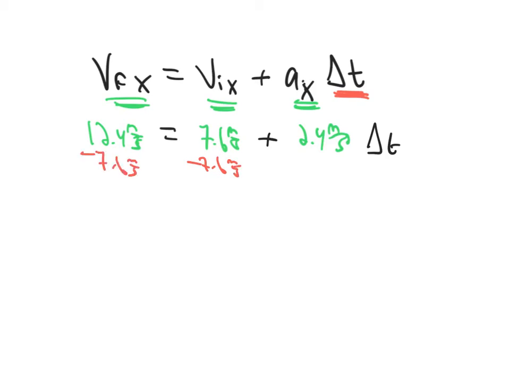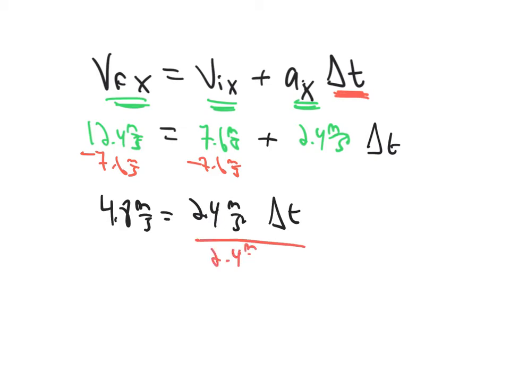That gives us now 4.8 meters per second is 2.4 meters per second squared times delta t, a suspiciously convenient number. When we do the division, now we divide both sides by the thing in front of delta t, so as to isolate the delta t.